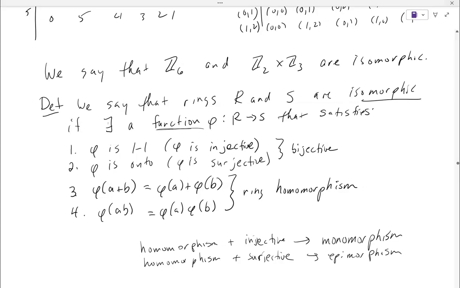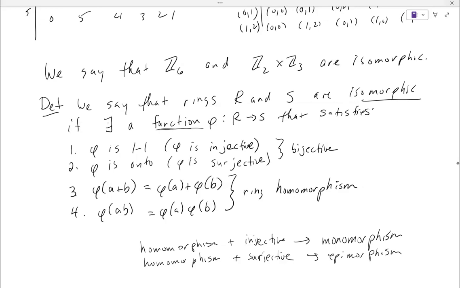Okay, so sometimes people shorten homomorphism to just morphism. And so if you hear morphism, it means homomorphism, which means the operation is preserved. Splits up over sums, splits up over products. Later on, when we do groups, we will just have one operation, so it just needs to split up over whatever the operation happens to be. Okay. All right. Anyway, that's a long-winded definition.